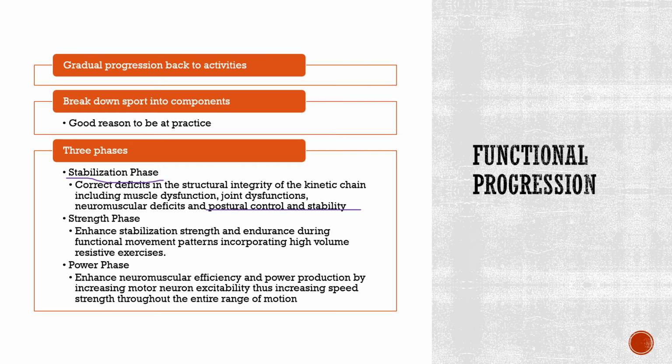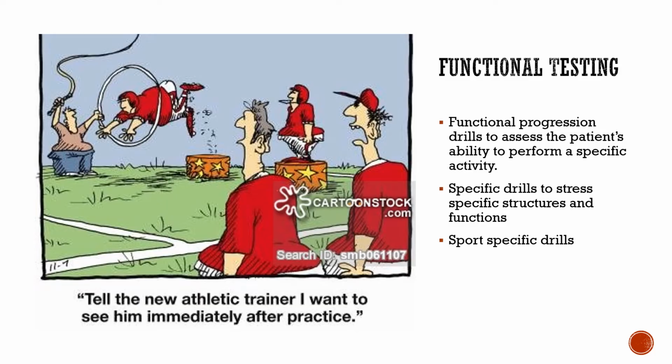Right, you have a strength phase and a power phase associated with that, where now we're basically taking the same components that we did in rehab, but we are breaking it down into those sport components. And this is one of the reasons that it's good to be at practice. You can use the same language that they have, know the drills, be able to break it down with that. So that's one advantage that athletic trainers usually have, is we're very knowledgeable of the sport-specific demands that our patients participate in.